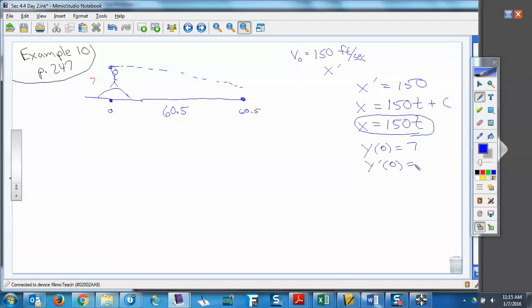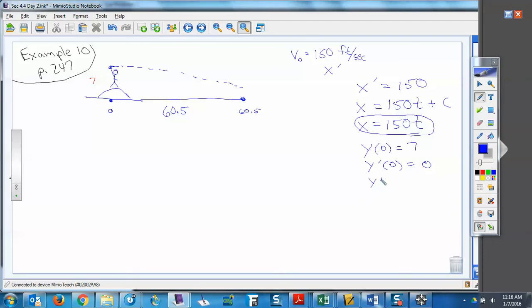We do know. It's 0, because we said the ball's going perfectly horizontal when it leaves his hand. So it is not going vertically at all, so it has no vertical velocity. So at time 0, we know its vertical velocity is 0. And that's still not enough to build ourselves an equation.